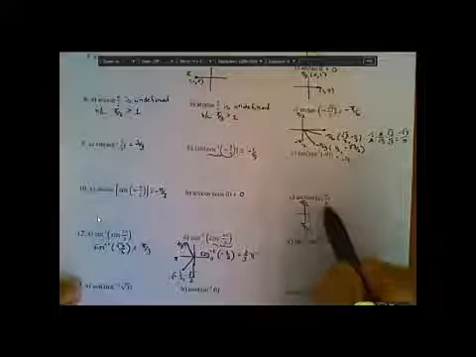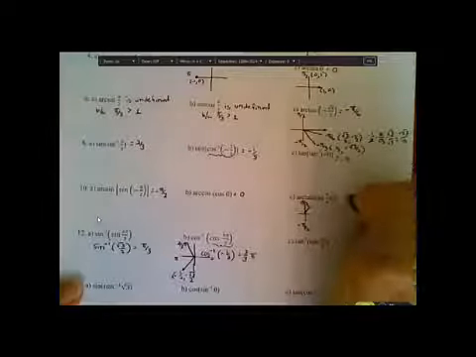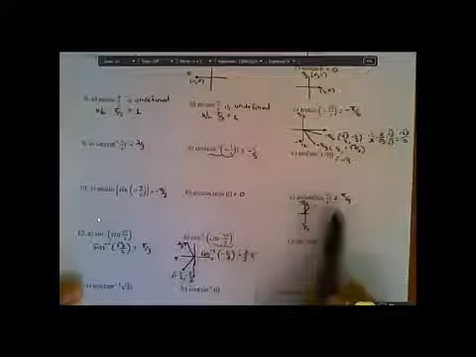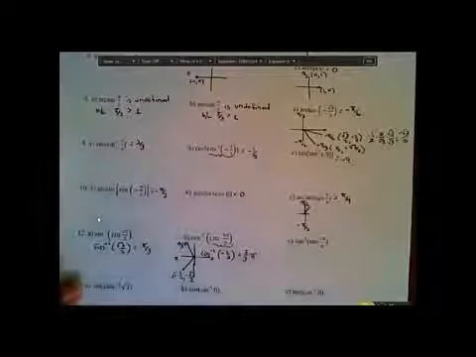So is pi over 4 an answer that arctangent can give me? Yes, it is. So arctangent of pi over 4 is pi over 4.